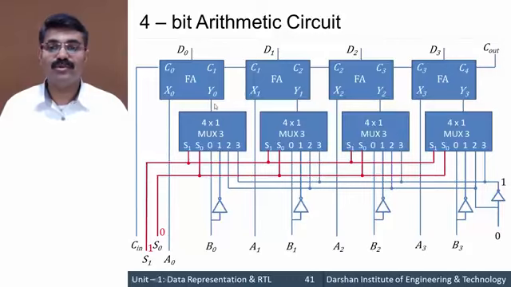So the output from the multiplexer would be 0. Along with that, one more input we need to check is C in, which we have provided to be 1.